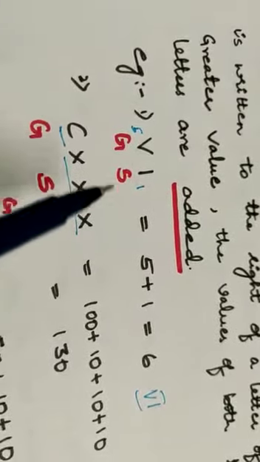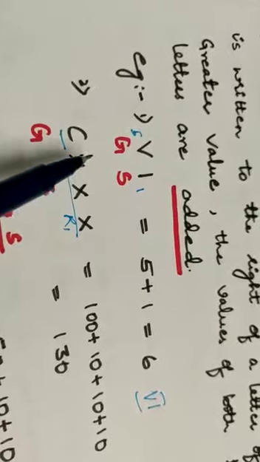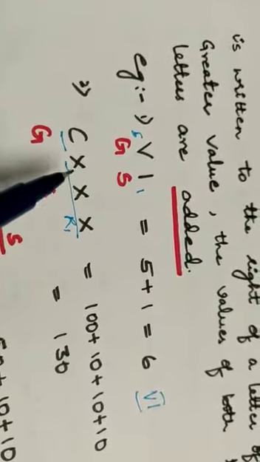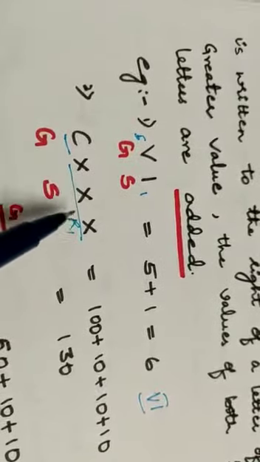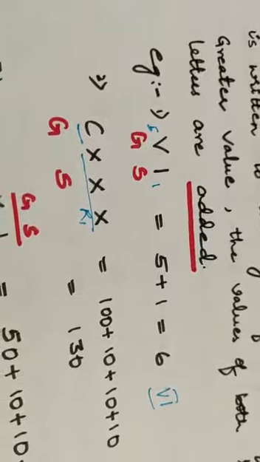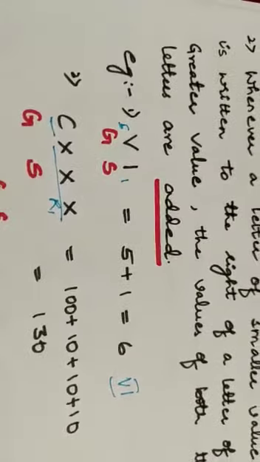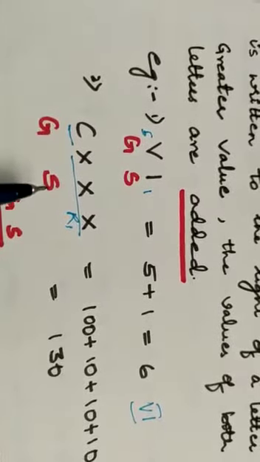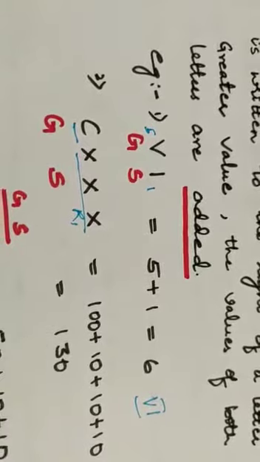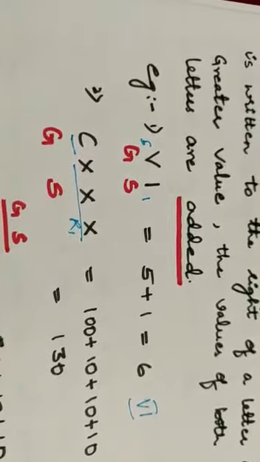And can you observe, children? There is rule number 1 over here. What is that rule number 1? Only I, X, C, M are repeated up to 3 times. Yes, there is a repetition of X up to 3 times. Did you observe it, children? We discussed rule number 1. Okay, now let's come back to example 2 of rule number 2. So this is the greater value. These are smaller values. 100 plus 10 plus 10 plus 10. 130. The values are added.